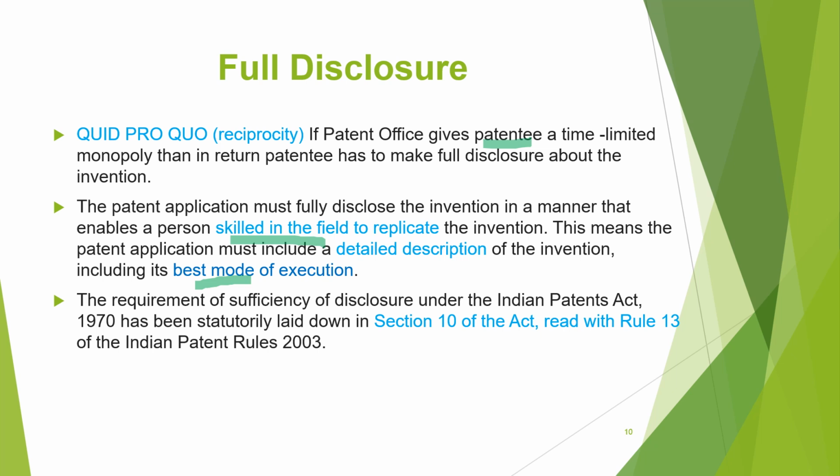Under Section 10, it has been laid down how the information is to be provided if the invention relates to any biological material: when, where, how the deposit of biological material has to be made, and within what time the patent office has to be informed. So disclosure of each and everything has to be made to the patent office by the patentee to get a patent. It's one of the most important criteria to get a patent.